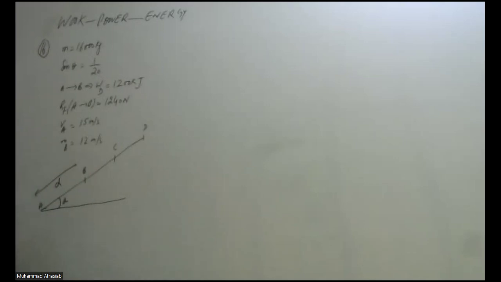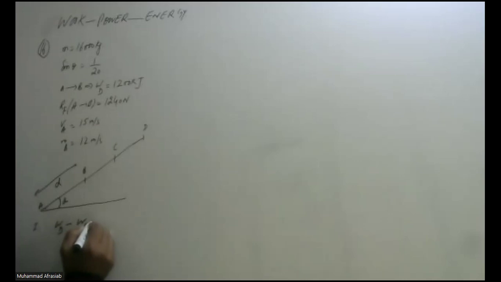The driving force work on A to B is 1200 kilojoules. And the resistance to that motion from A to B is 1240 newtons. The speed at A is 15 meters per second and the speed at B is 12 meters per second.